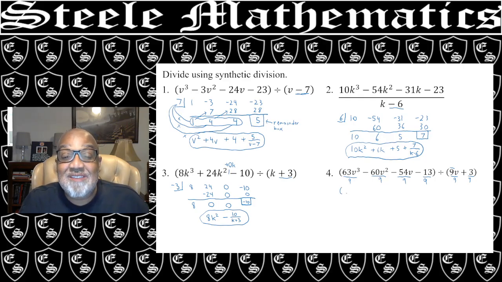This would be 7v to the third minus 20 over 3 v squared. We went ahead and reduced it.